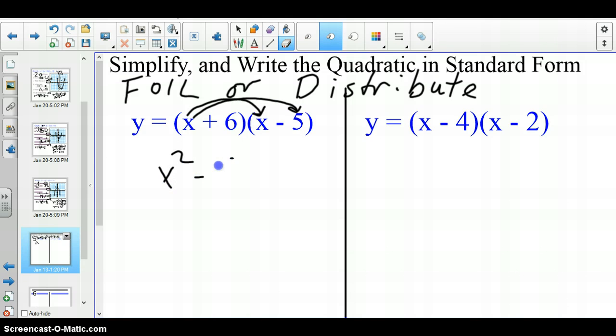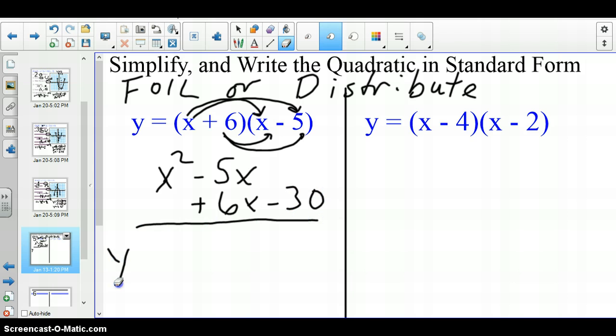X times negative 5 is negative 5x. Then I'm going to distribute my second term to everything inside the second set of parentheses. 6 times x is plus 6x. 6 times negative 5 is negative 30. So I have y equals, bring down the x squared. 6 minus 5 is 1x, minus 30.